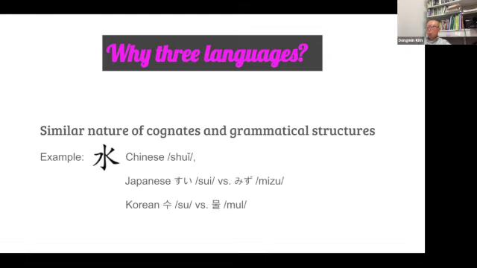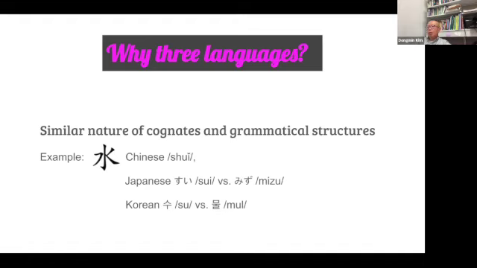Also, Japanese and Korean share the syntactic structure in terms of word order. So if you understand either language from the three, you can learn the others quite easily.